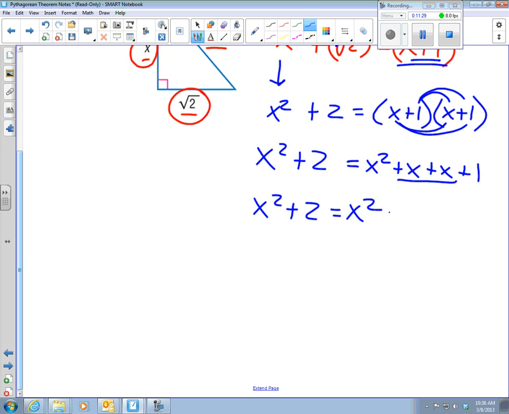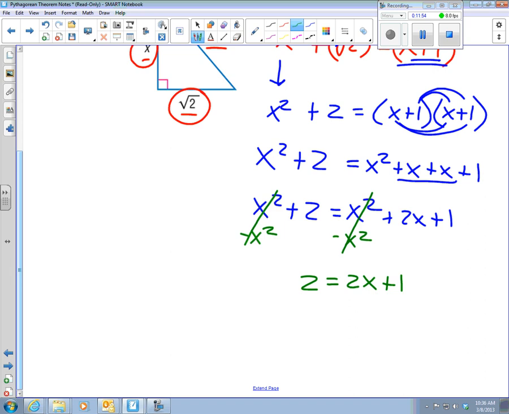These two combine to give me 2x plus 1. So now solving this, it is a quadratic equation, so we got to get everything on one side. So I'm going to get all my x squareds on one side. Subtracting x squared from both sides. Uh-oh, what happens here? They drop out. Not too bad. So 2 equals 2x plus 1.